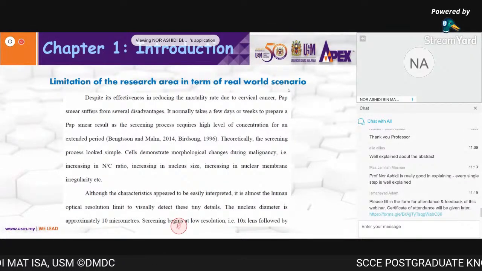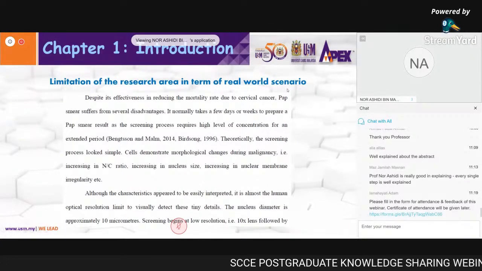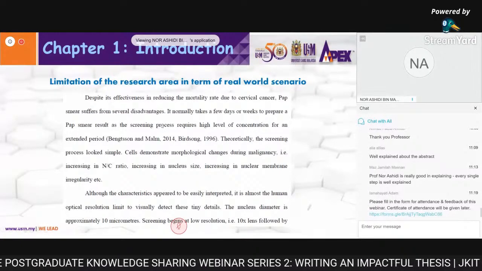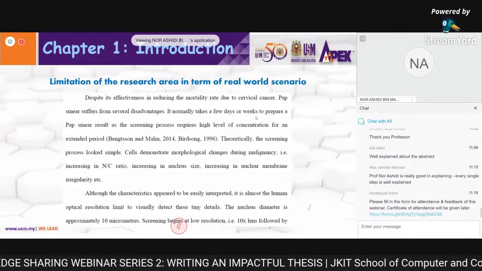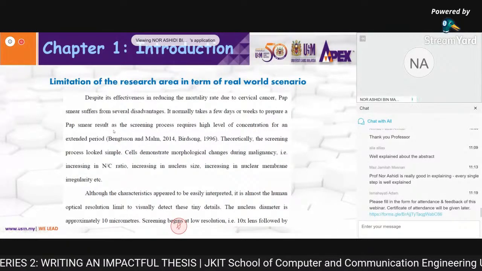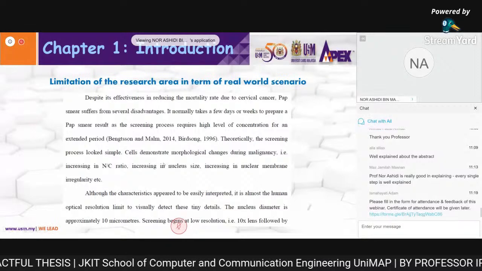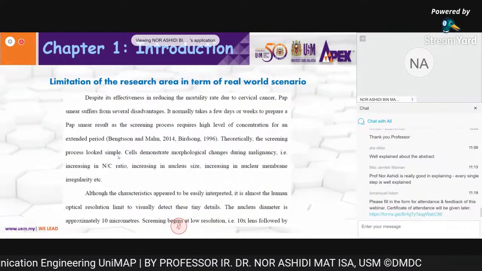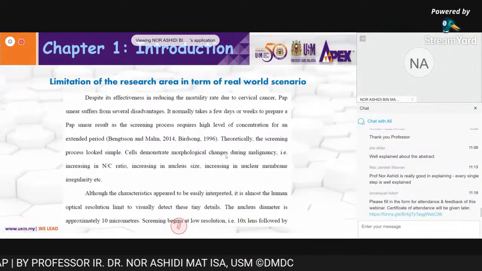So this previous slide is about the introduction of the research area. This is the problems. So what is the problem? It takes a few days to prepare the pap smear. Although the screening process looks simple, morphology changes have a problem.